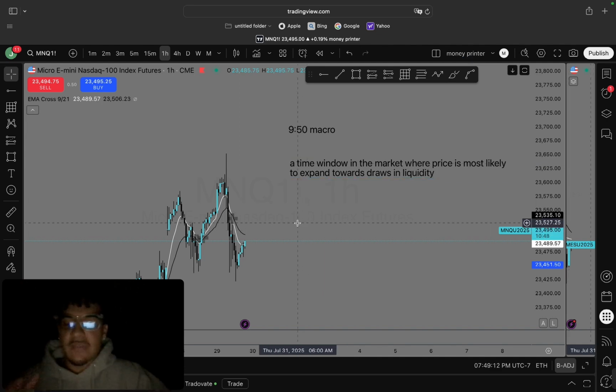So in the 9:50 to 10:10 macro, this is a time window when the market is most likely to draw towards areas of liquidity, or expand, right? Meaning we are going to see clean price movement, expansion or displacement. That is what we are going to see. So that is going to be at 9:50, which is 20 minutes into market open.